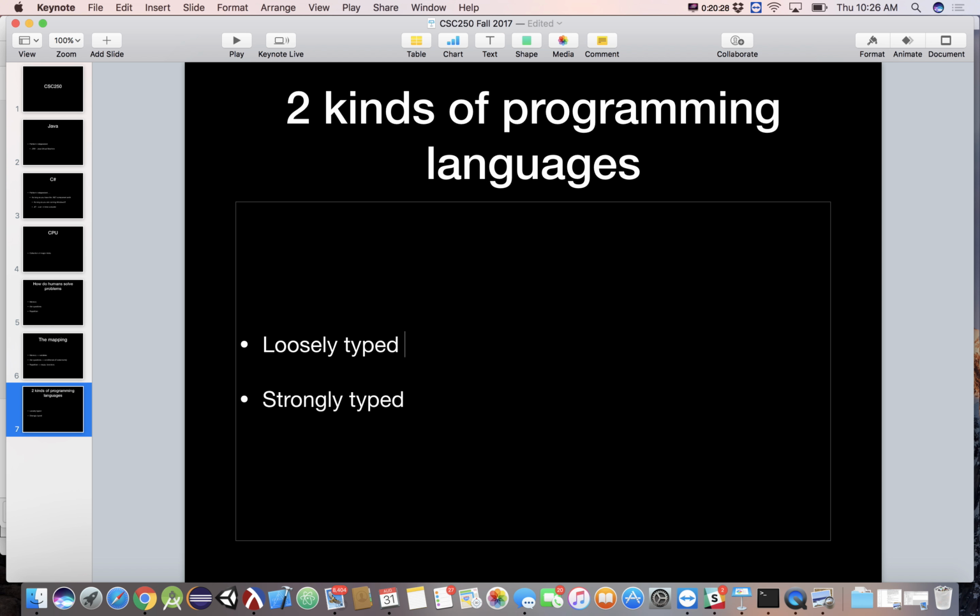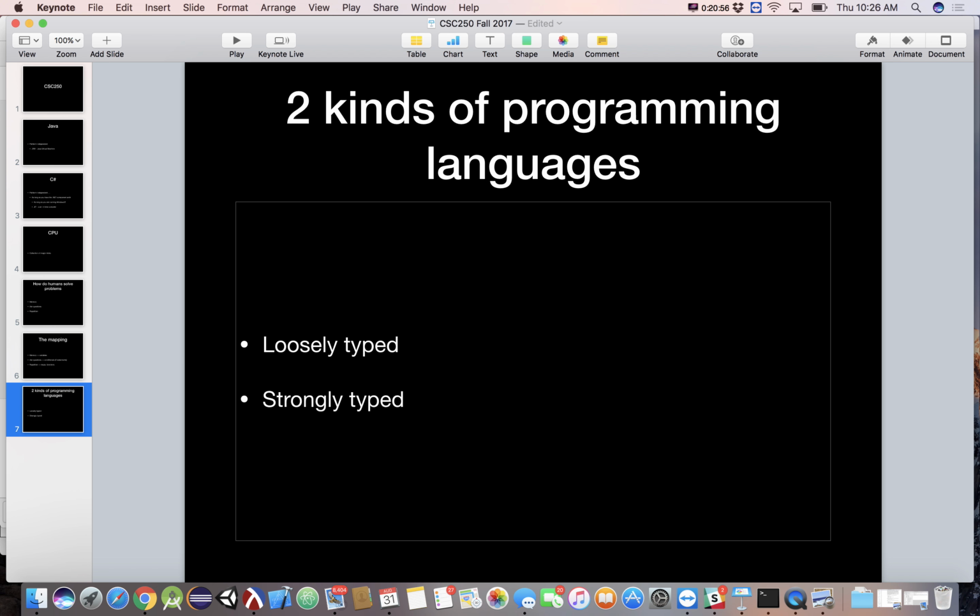What kind of language was Python? Loosely typed. So when we wanted a variable in Python, we just said a equals 5. No problem. And if, 2 minutes later, we wanted to say a equals hello, that's fine as well, right? We can put whatever we want in that bucket. Now, realistically speaking, in terms of how you typically write code as a programmer, you're probably going to stay consistent.